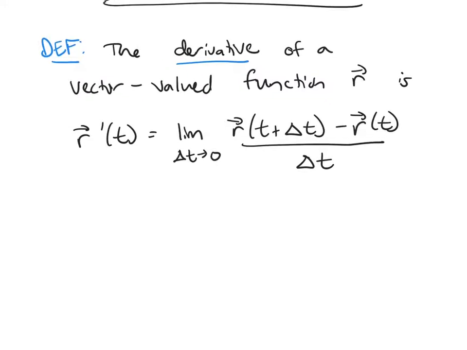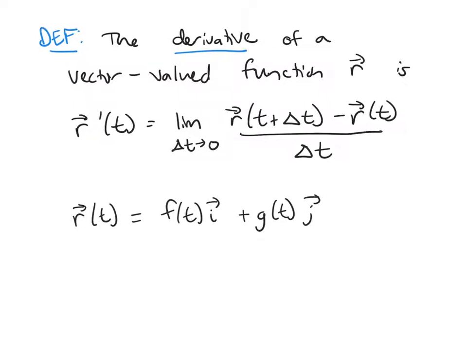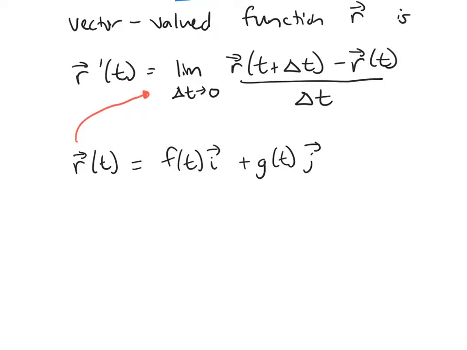And so let's say that our function, let's just go with a two-dimensional one, has an i component and a j component. Let's plug this into our derivative formula and see what we get.